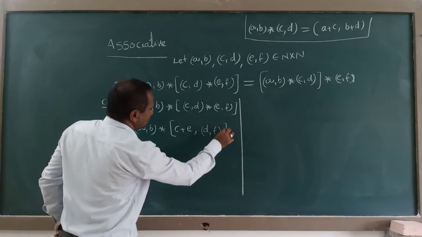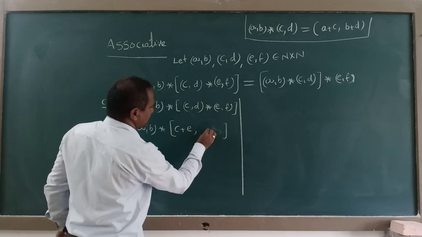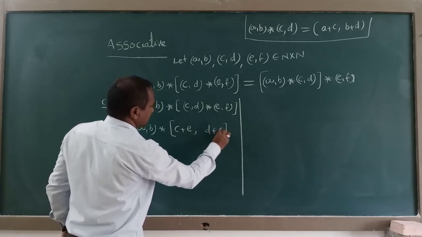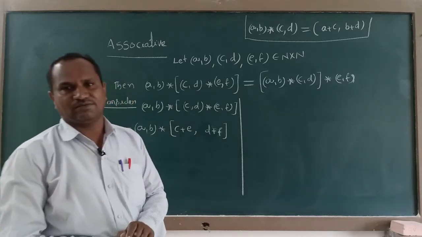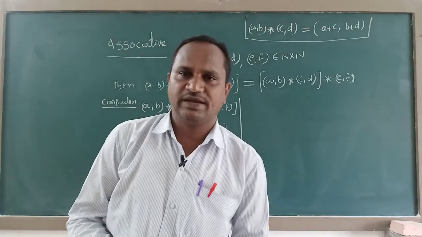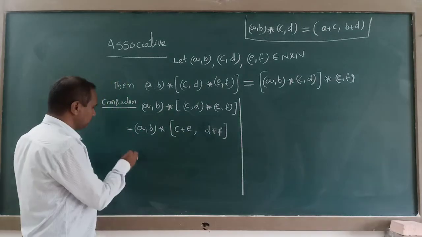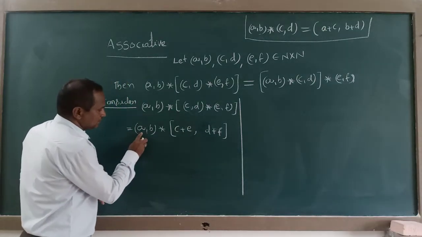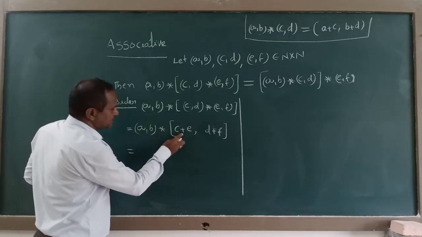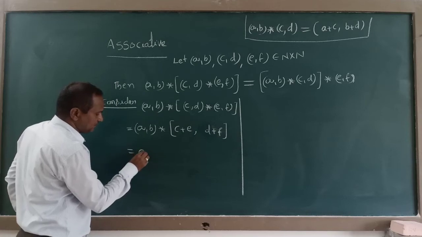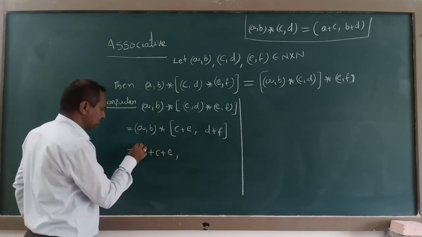It is the one ordered pair, D plus F here. One ordered pair. And once again star has come. Once again star has come means once again we have to apply the given definition. That is equal to the sum of all first elements. Here the first element is A, here the first element is C, plus E. For this we can write A plus C plus E, comma.